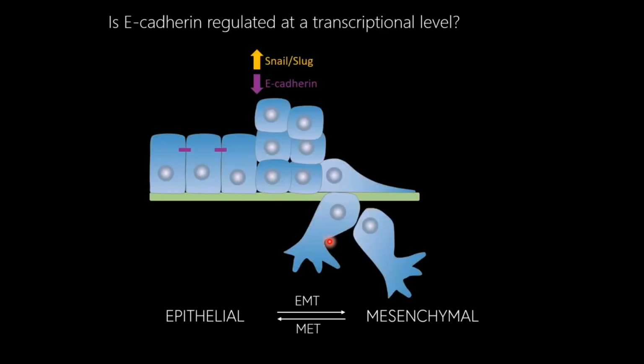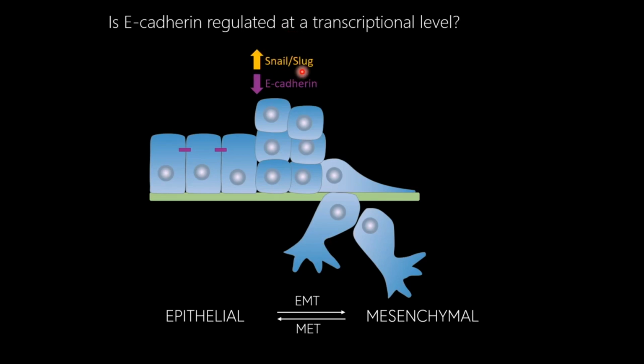So we decided to test a couple of other systems. I'm going to go back to this diagram that I showed before. One of the things that people know is that in these early stages of cancer development, when E-cadherin is downregulated, in many cases it is downregulated at the transcription level. And this is mediated by a family of transcription factors, actually transcriptional repressors, a family called SNAIL.